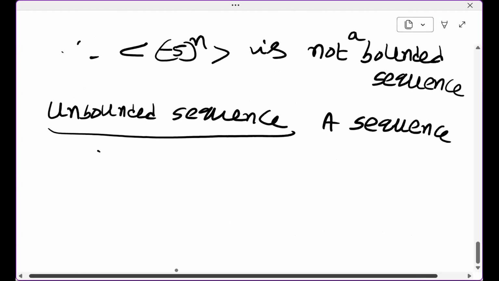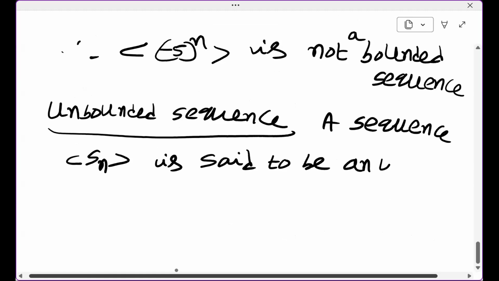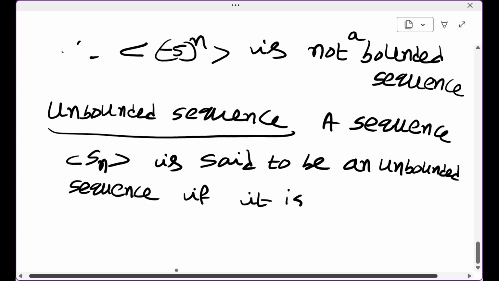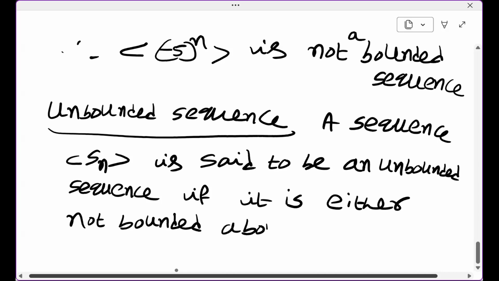A sequence S_n is said to be an unbounded sequence if it is either not bounded above. If it is not bounded above, then also it is unbounded.